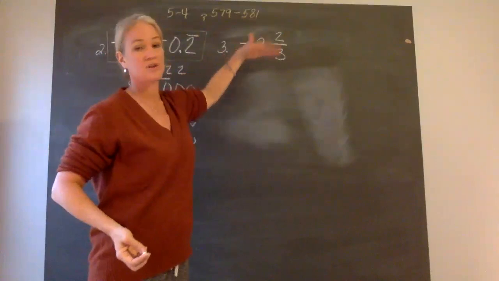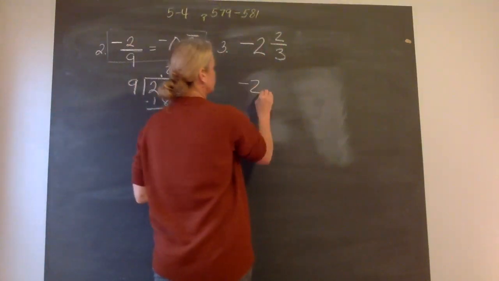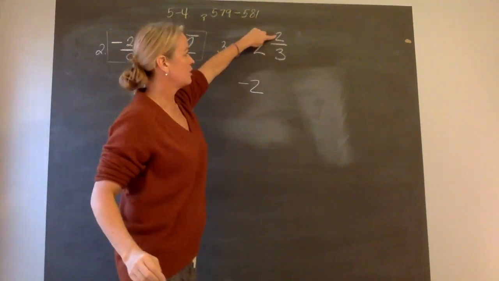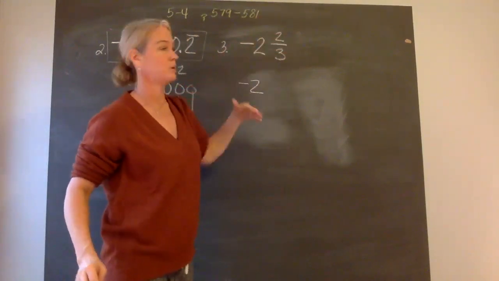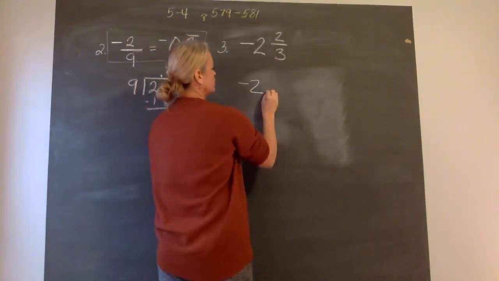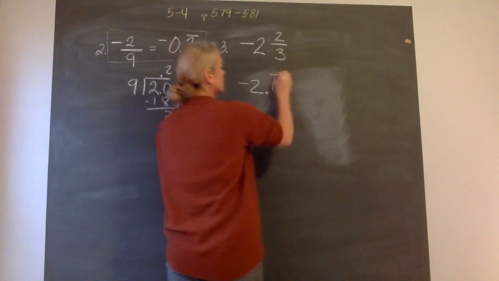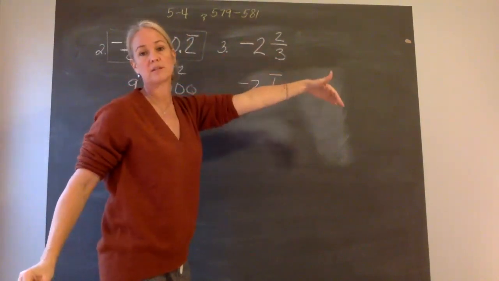When it's a proper fraction, you won't end up with any more whole numbers. So you take 2 divided by 3, which gives you 0.6 repeating. Put them together: negative 2.6 repeating. 2 divided by 3 is 0.666666.